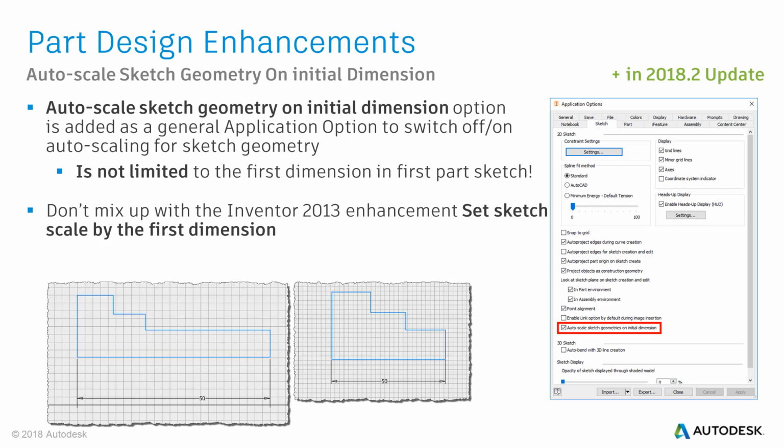The newly added application option, Autoscale Sketch Geometry on Initial Dimension, is applied to sketches following the first sketch of a part model as well. Further, the checkbox should be seen as a general option to switch autoscaling off or on, and functions as an addition to the behavior of the Inventor 2013 enhancement.